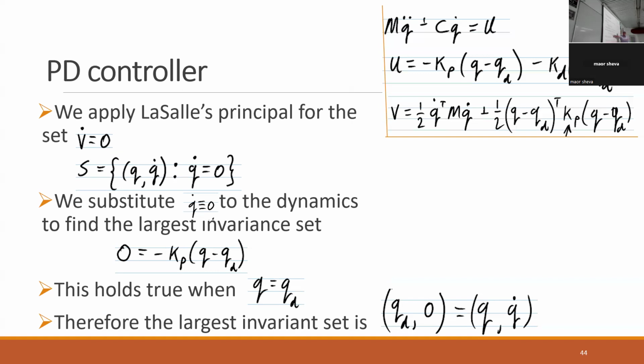And this is true only when q is q desired. Therefore, the largest invariant set in this S will be the set where q is q desired and q dot will be 0.